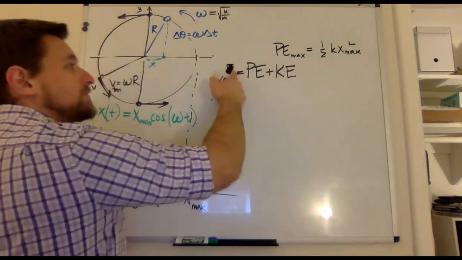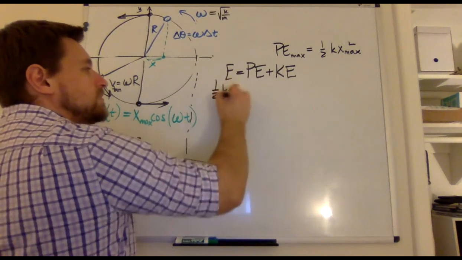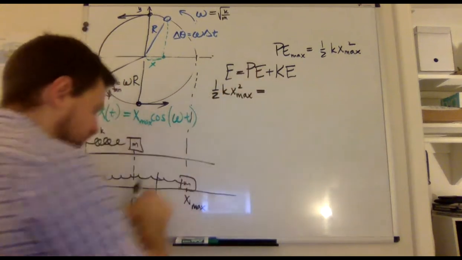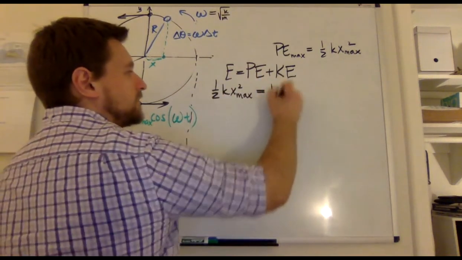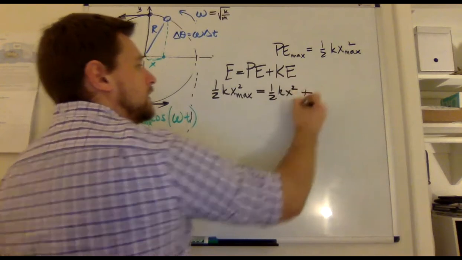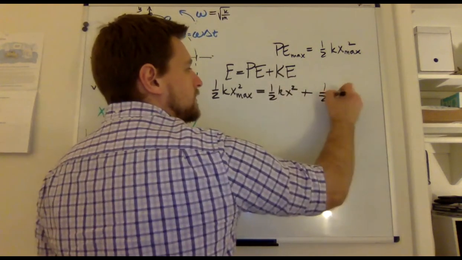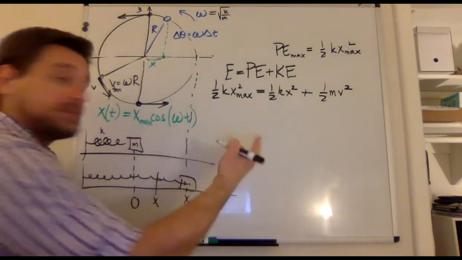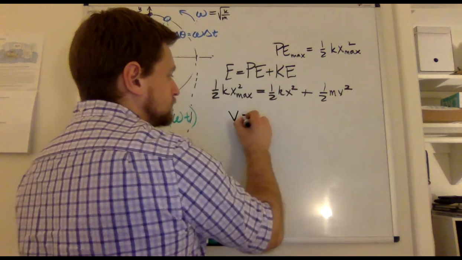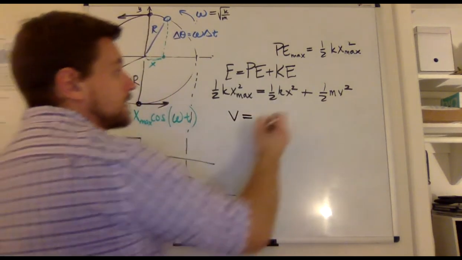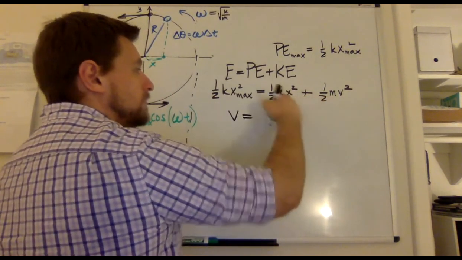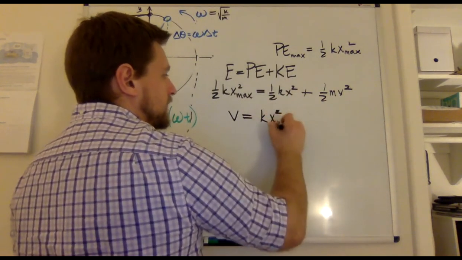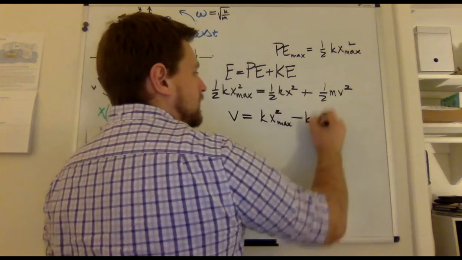The amount of energy we have to work with is the amount of potential energy we started with. The potential energy we have here is 1/2 k x squared, and the kinetic energy we have here is 1/2 m v squared, whatever that velocity is, but we could solve for that velocity. Let's multiply through by 2, move this term to the other side: k x max squared minus k x squared.